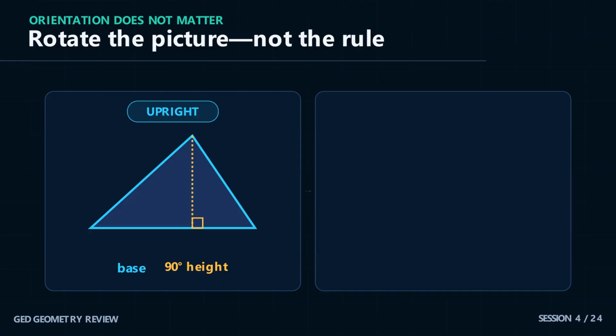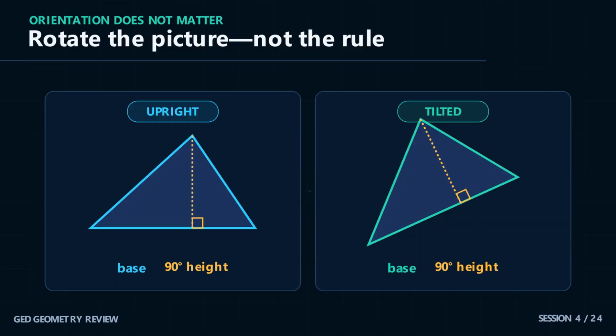That is completely acceptable. What matters is its 90-degree meeting with the chosen base. The base length and height length do not change during the rotation, so their product and the triangle's area stay the same. Trust the right angle marker rather than the way the diagram looks.